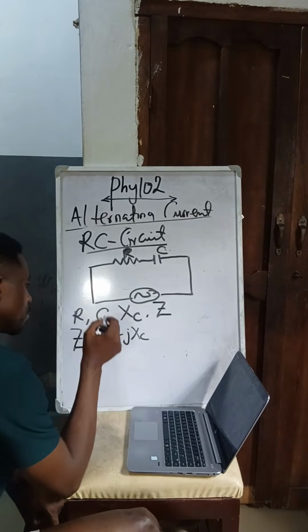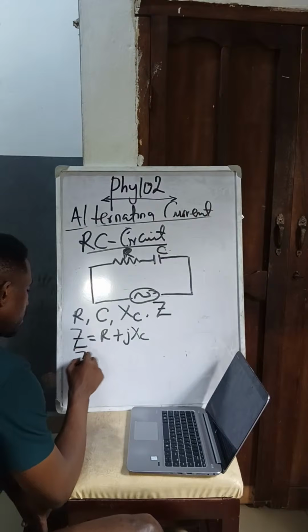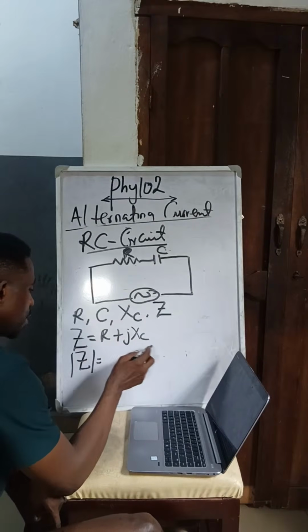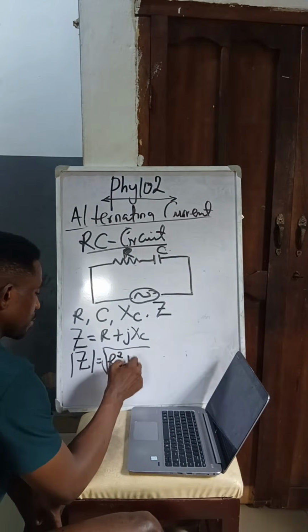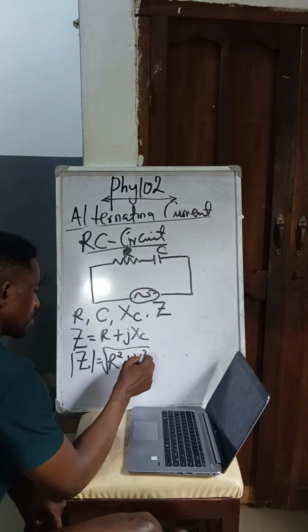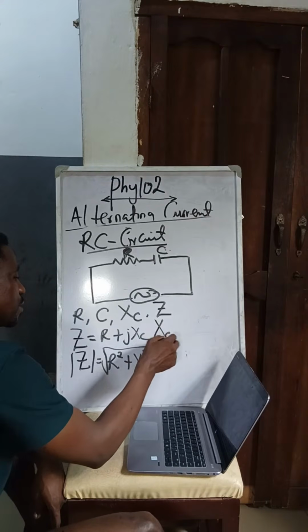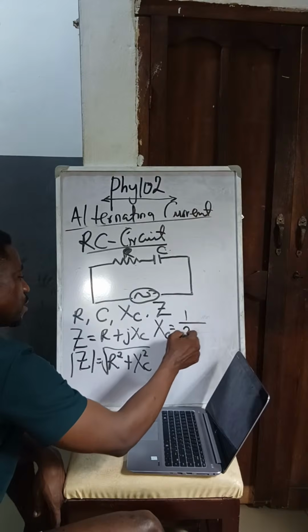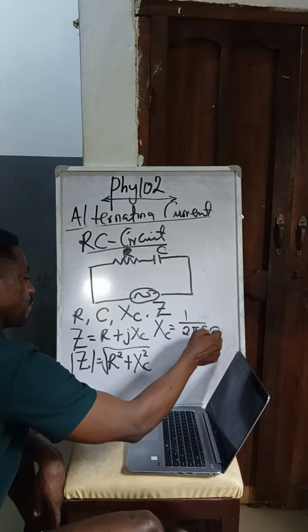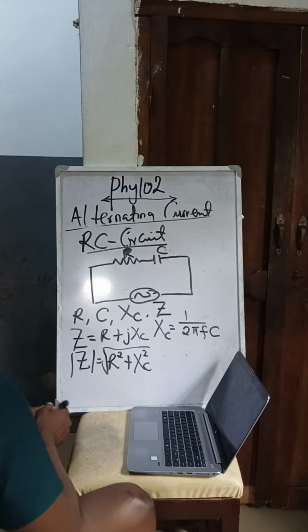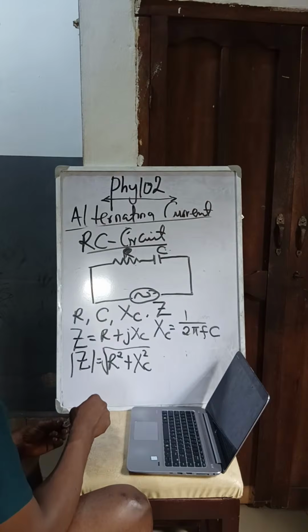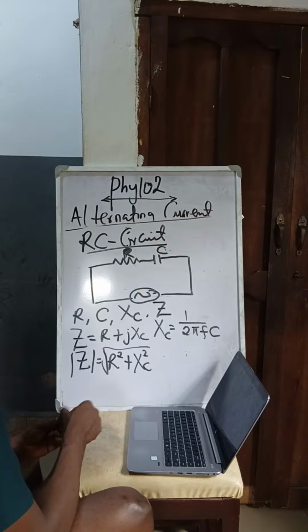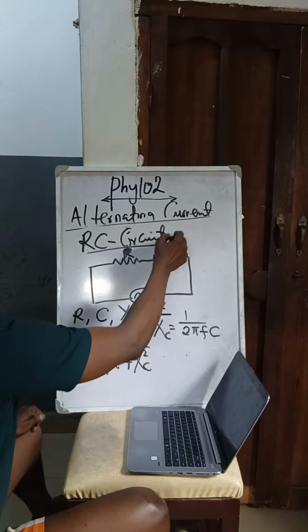All right. So the Z magnitude will give us the square root of R squared plus XC squared. Remember that XC is equal to 1 all over 2 pi fC. And this is an RC circuit connected in series.